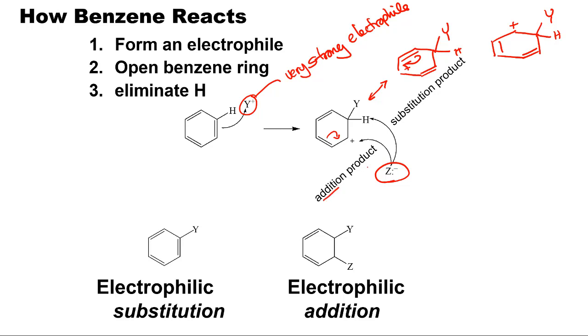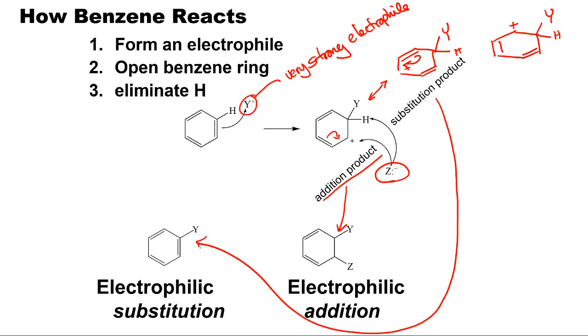And this gives us the addition product. The base is actually a nucleophile for hydrogen, so it attacks the hydrogen. Now, if you do the addition product, this is what you will end up with. If you do the substitution product, this is what you expect. That is, the electrophile substitutes for the hydrogen that was on the ring.